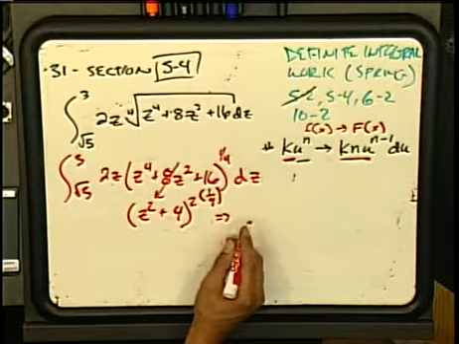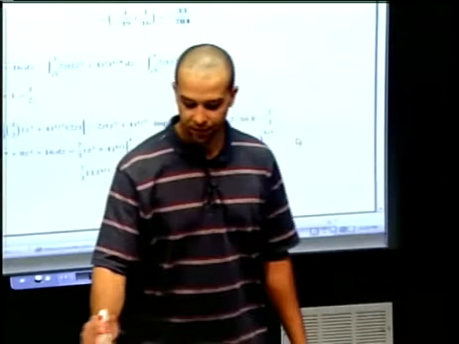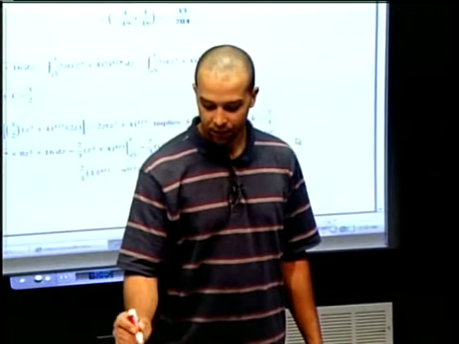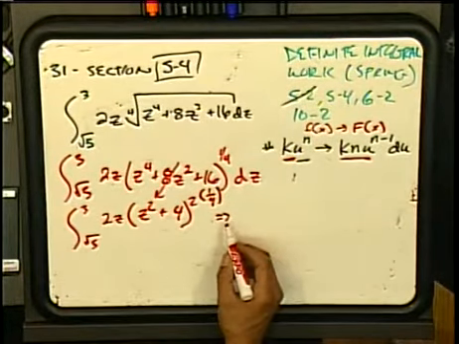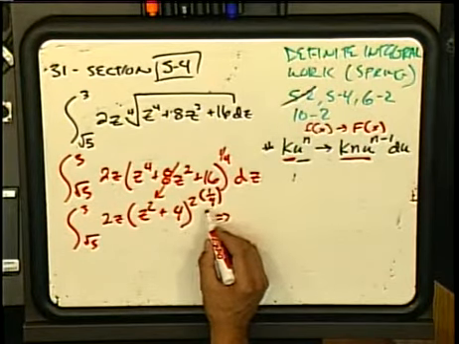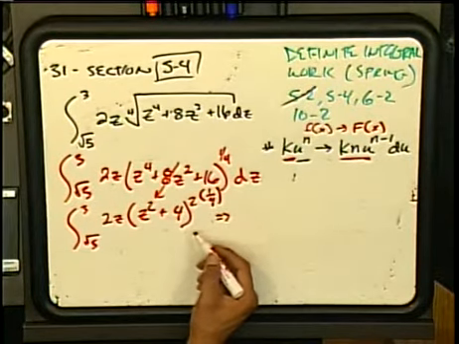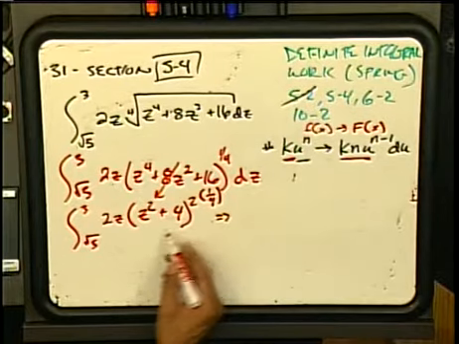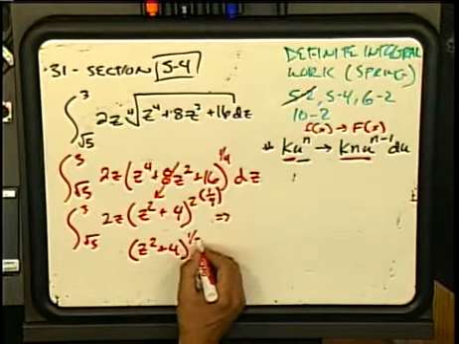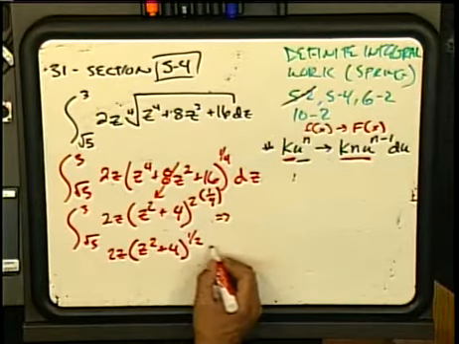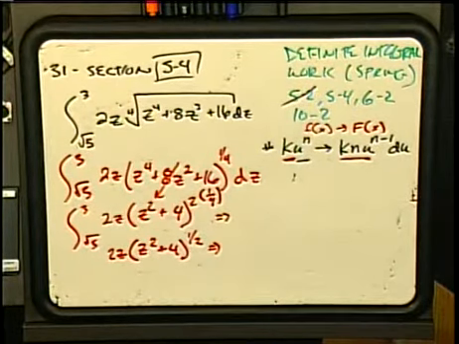To the negative 1/4? Or, no, positive 1/4. Okay. So that's going to be 1/2 at the end, right? Yeah, after you multiply these. So it's 2z times z squared plus 4 to the 1/2.